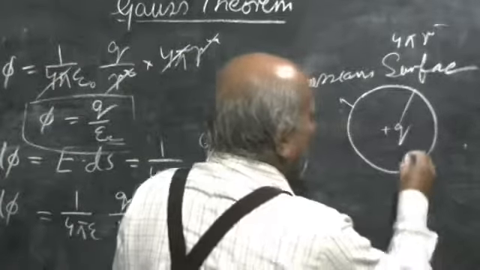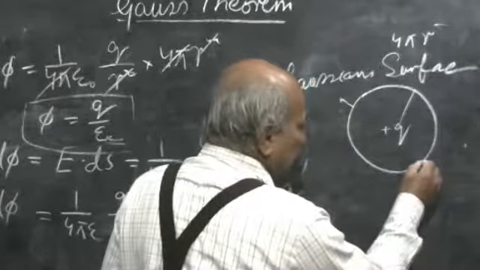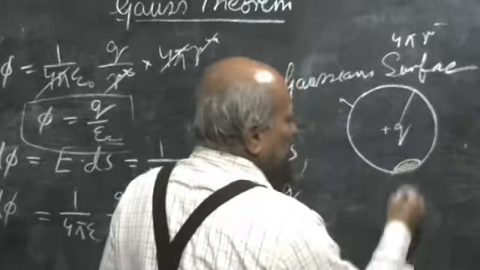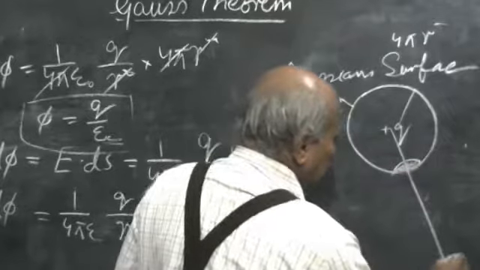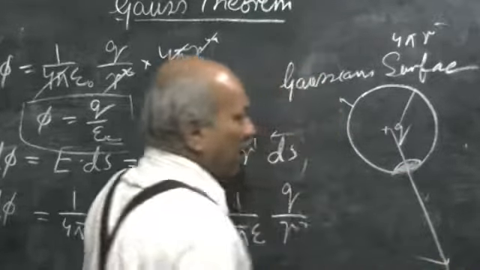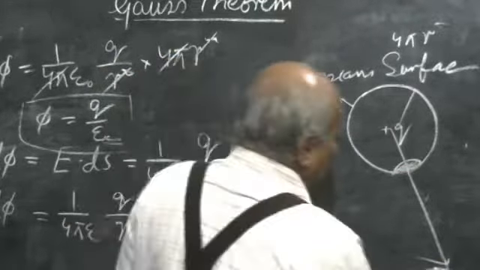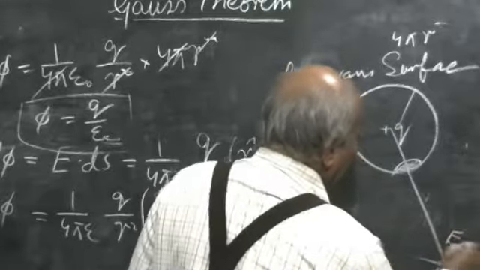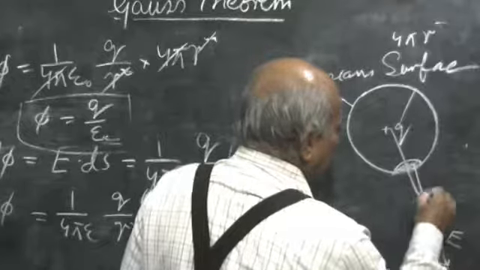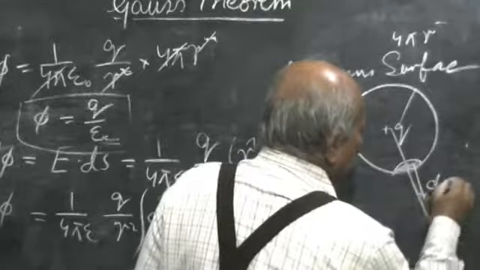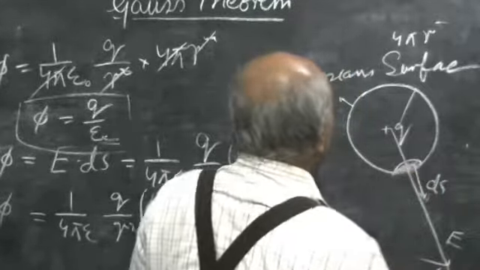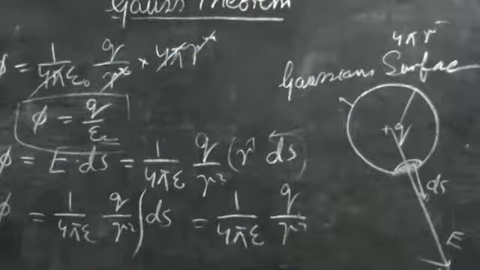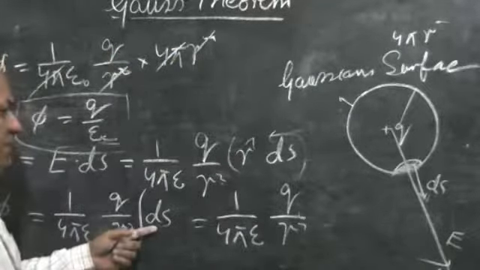We can now represent this. Suppose this is a small area, electric field E, and ds is a small area.